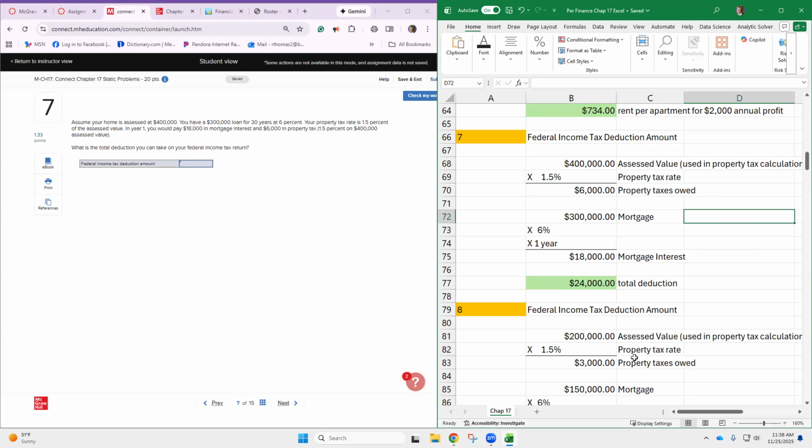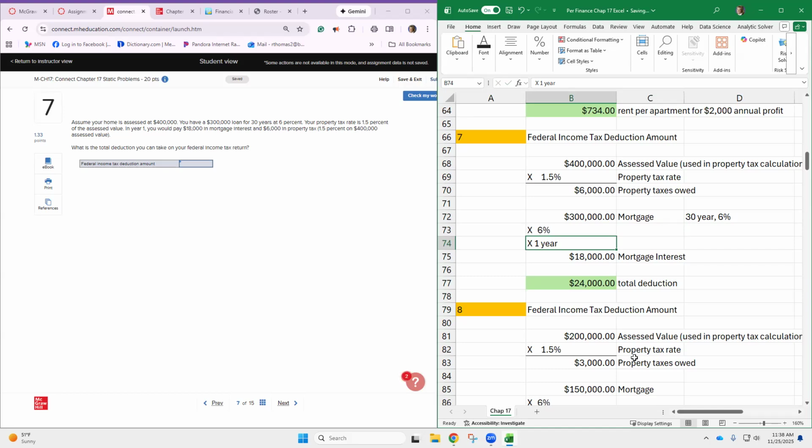I'm putting this down beside the mortgage, since I usually put down the terms of a mortgage, right? So it is 6%. And then I know you have to find all the pieces here, so be careful.